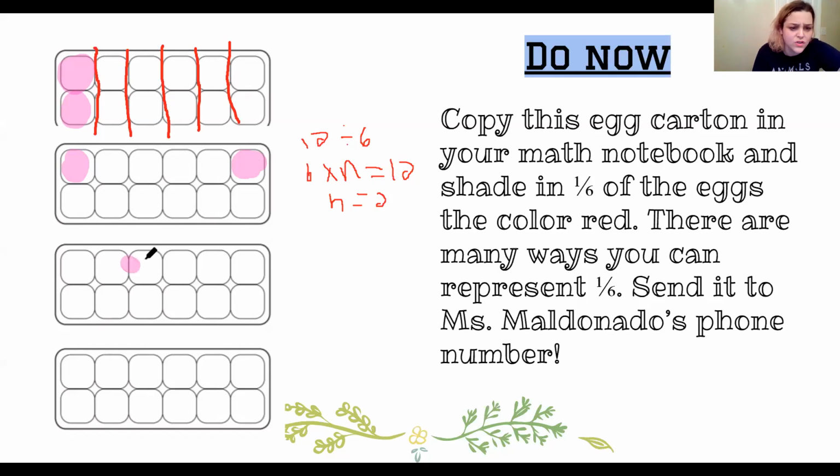I could have done these 2 in the middle, or these 2 right here. I could have done 1 over here, 1 over here. As long as you highlighted 2 eggs out of the 12, you definitely are representing 1/6 of your egg carton model, okay?